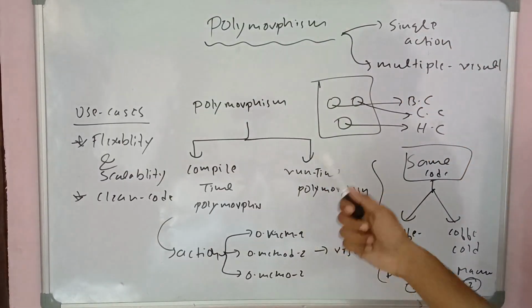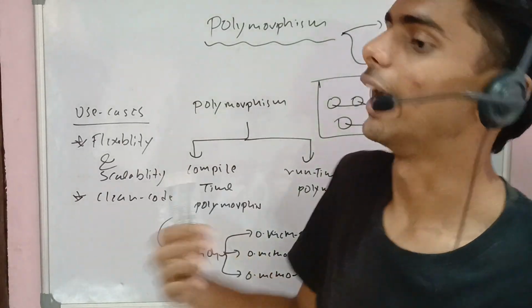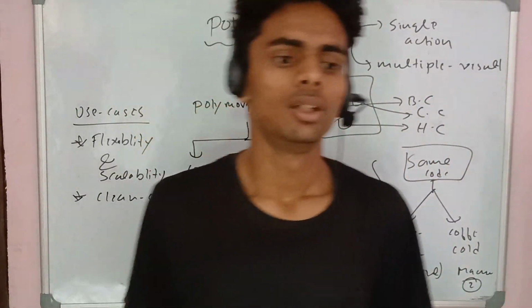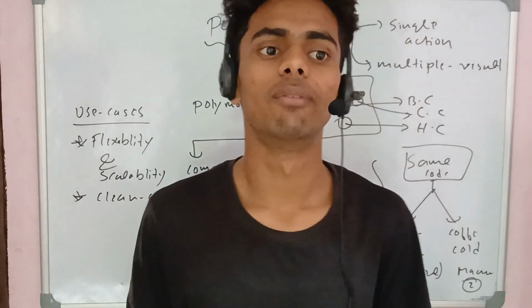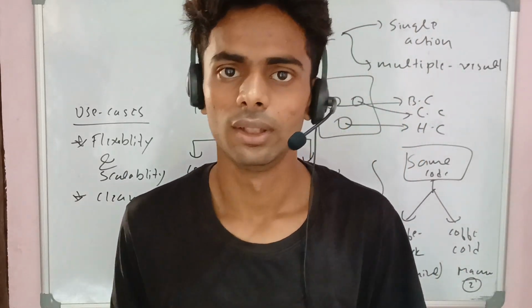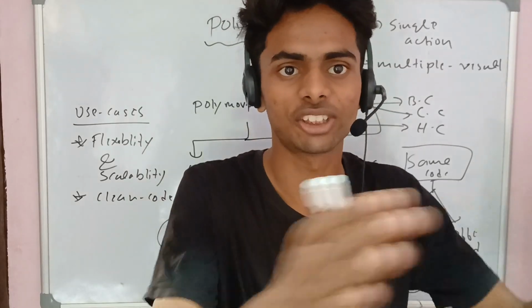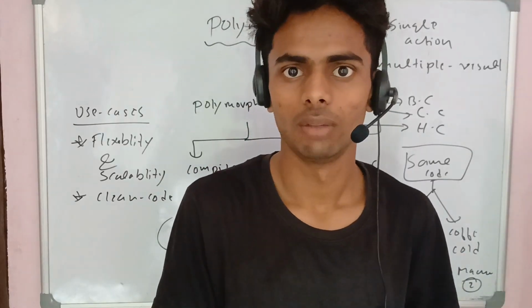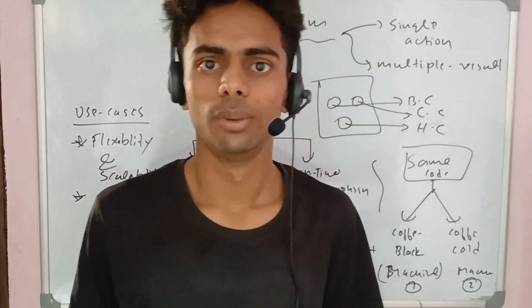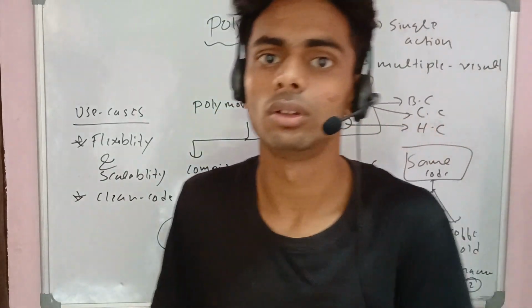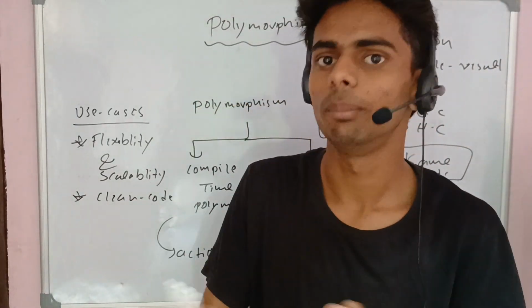Runtime polymorphism is like dynamic dispatch, where you make code that is suitable for your actual output. Compile time polymorphism means you make a static decision before the code runs, before compiling, before getting output. So that's the basic thing.